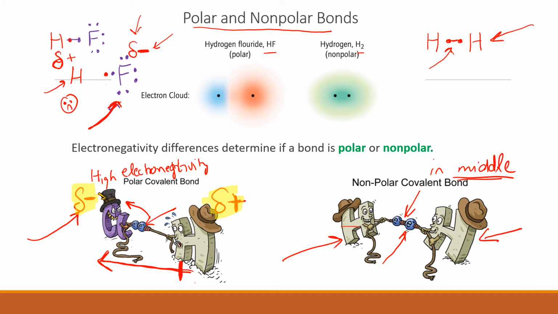Whenever a bond has a dipole in it, for example in case of HF, we will have a dipole running from here to here. Any bond which has a dipole is known as a polar bond, polar covalent bond. And the bonds which do not have a dipole, such as hydrogen, H2, are called nonpolar bonds.